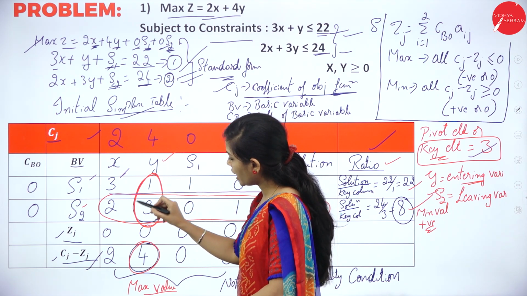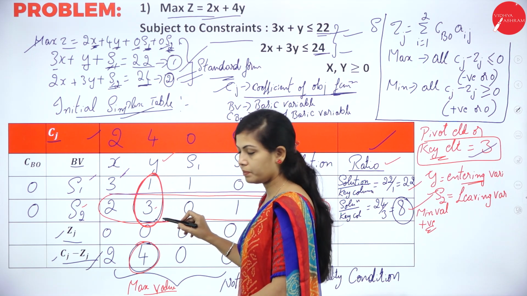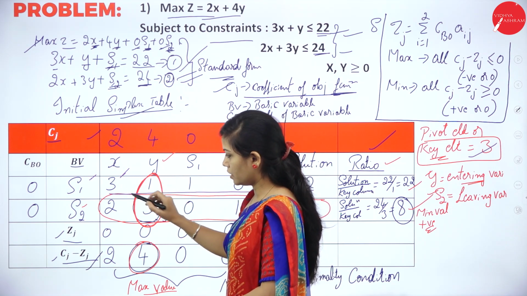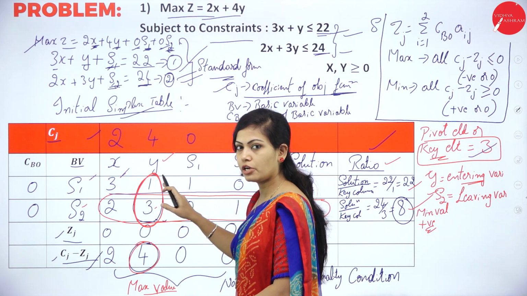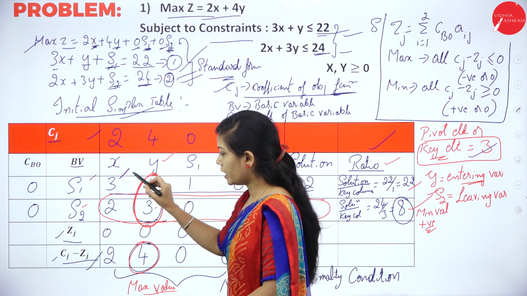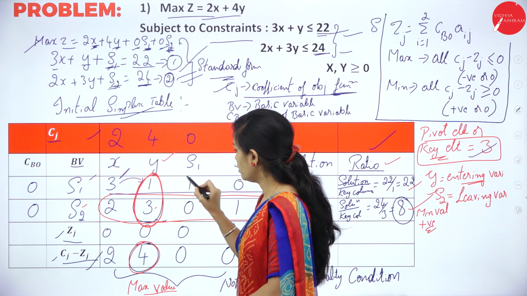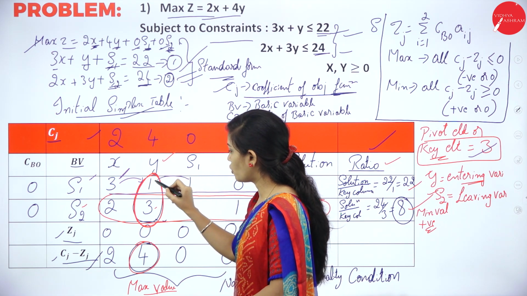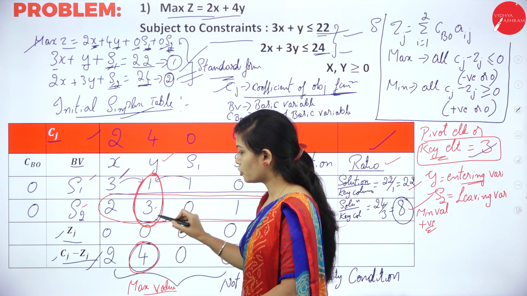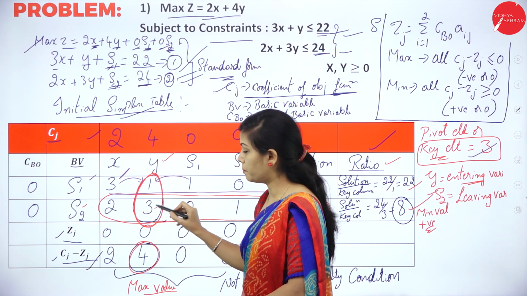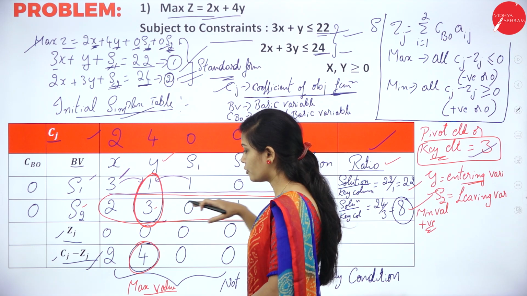So, here the key column is 1 and 3. Which is the corresponding key column for this number? For 3, corresponding key column is 1 and for 1, corresponding key column is 1. You are not supposed to consider this as a key column because it is added to the key row.